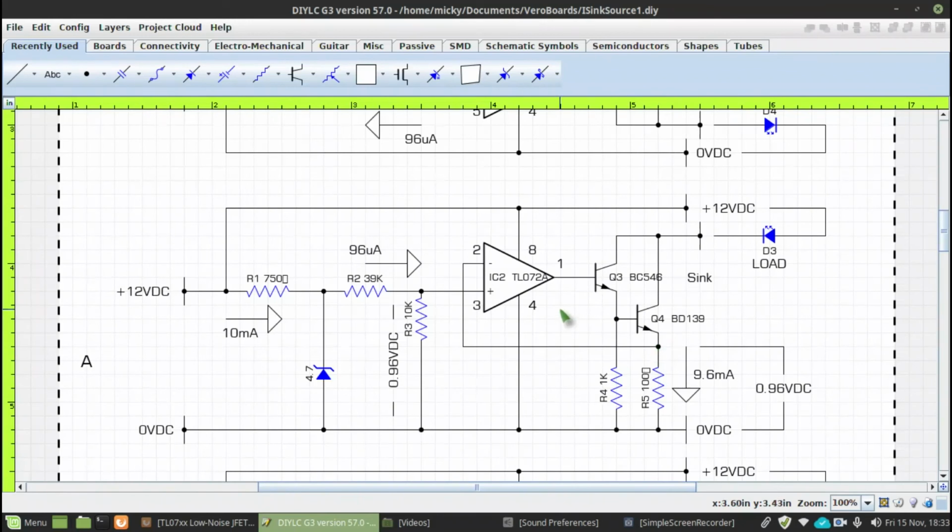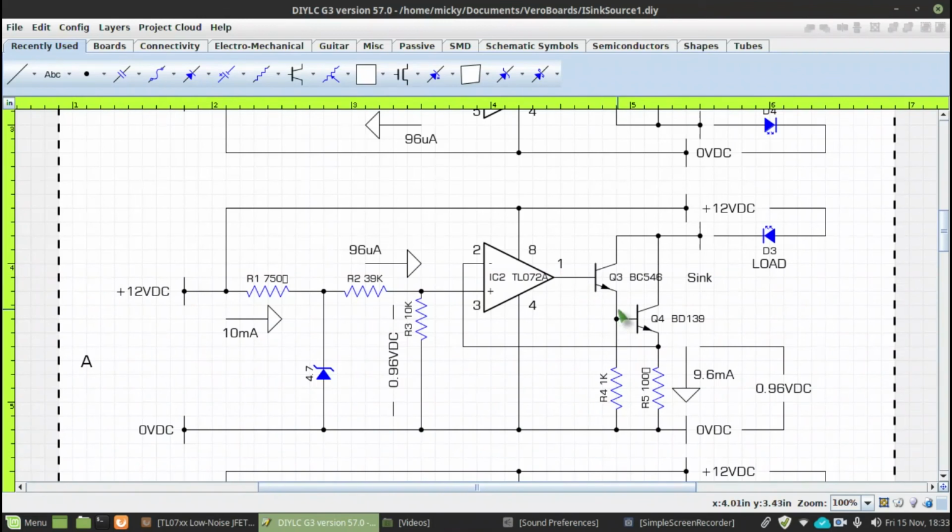So if it were to go down on the inverting input of the op amp, the output would do its damnedest to make sure that the output here will go up to compensate for it. If we look at the positive input of the op amp, if this were to go up, then the output here would go up.